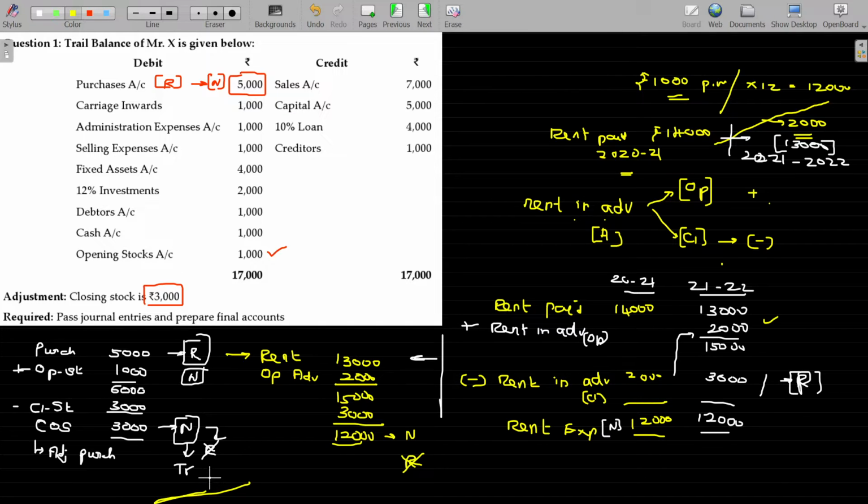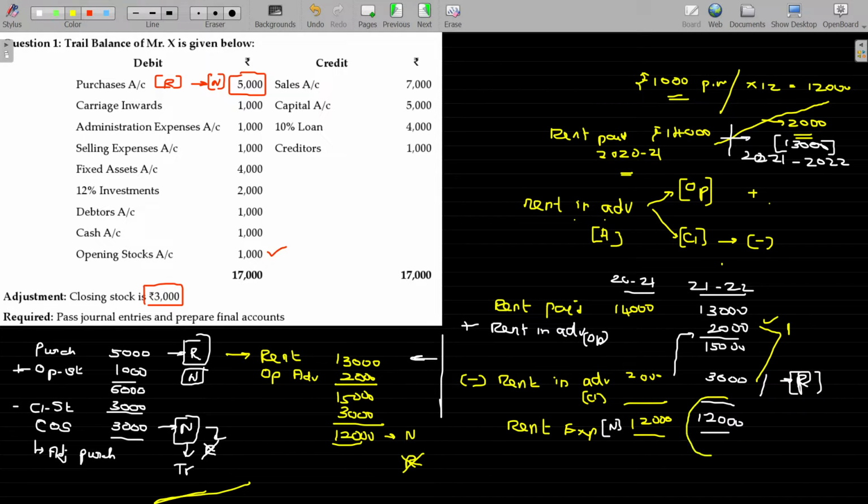You now equate this one and this one. This purchases as well as rent, you can equate these two. If you are able to equate these two, you are able to understand in a much better way. So the purchase is nothing but a payment like rent. With that, we add the opening stock, similar to the opening advances. Subtract the closing stock, which is similar to the advance payment, rent paid in advance closing. Ditto. Then it is very clear that the opening and closing balances will always be a personal account, that too a representative personal account.